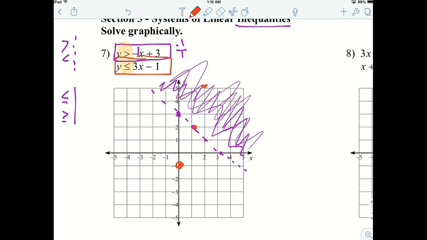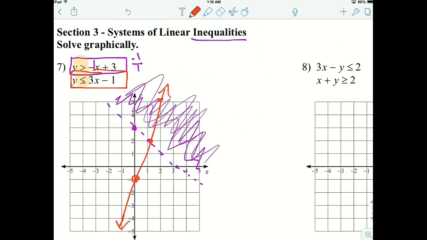And I see that that one, based on this symbol here, is going to be a solid line. And it says y is less than, so I'm going to color in this region right here.